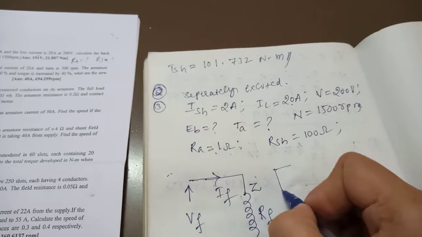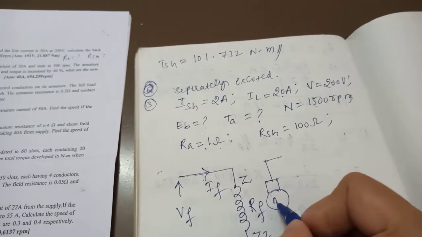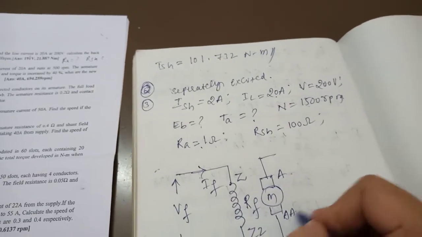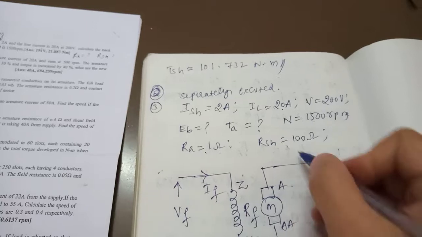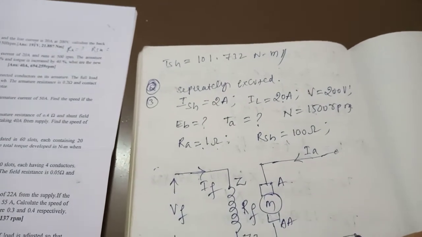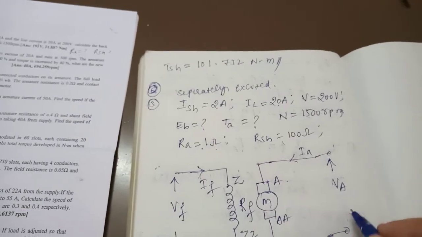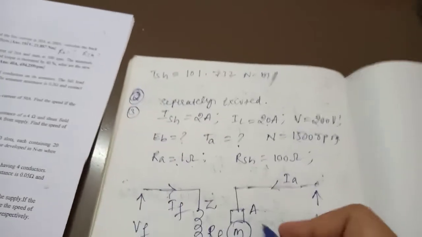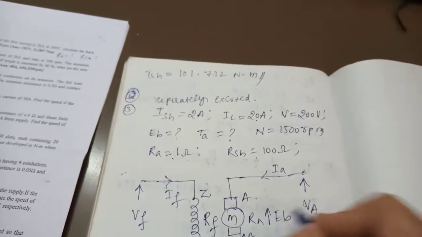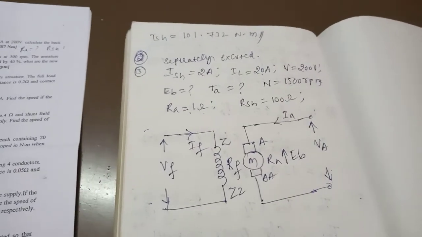And this is the armature circuit, the armature is marked AA, and this is IA and this is VA, the armature voltage. So this is RA and this is the back EMF generated, EB. This is how a separately excited DC motor looks.